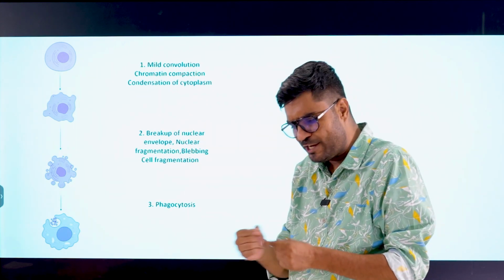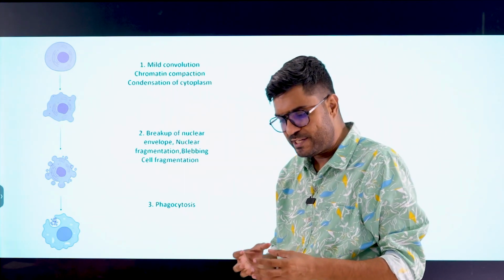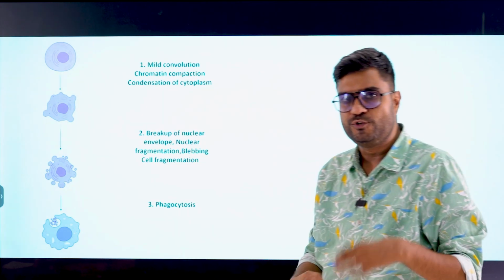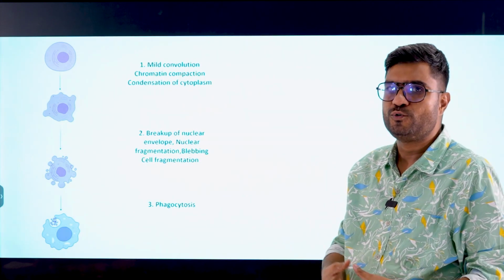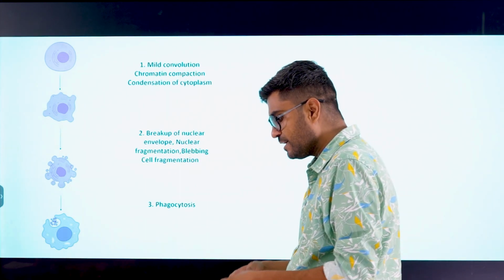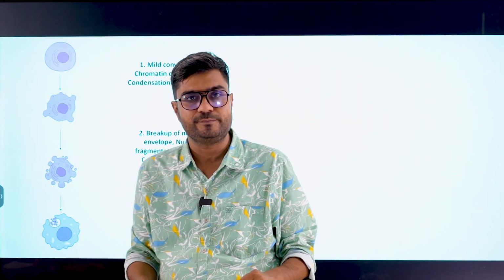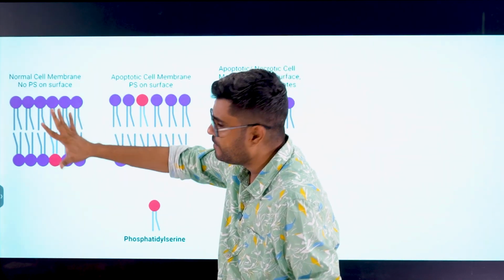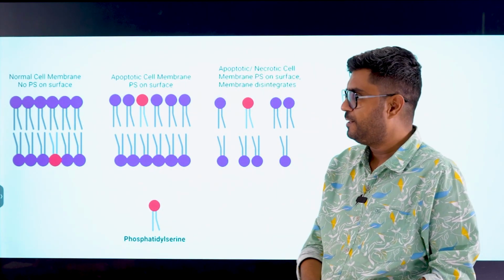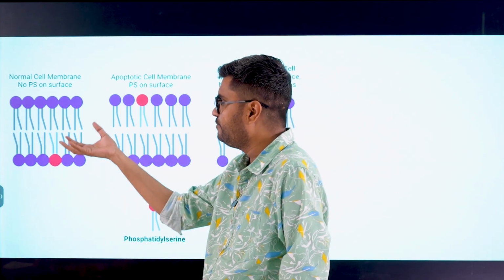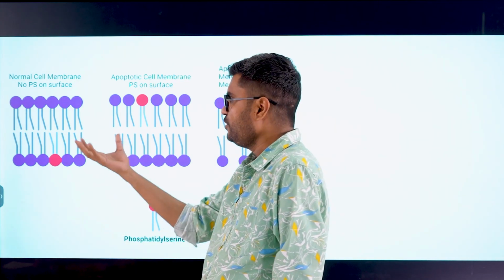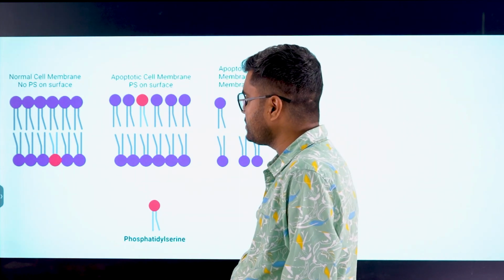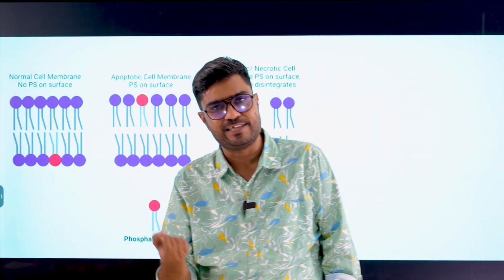Now we will do some micro analysis of what is happening in the cell membrane during apoptosis and how we can utilize that mechanism to understand whether apoptosis is occurring or not by using flow cytometry. If I look at the cell membrane of a normal cell, a membrane is made up of a lipid bilayer, or phospholipids, and there is a particular phospholipid called PS, or phosphatidylserine.